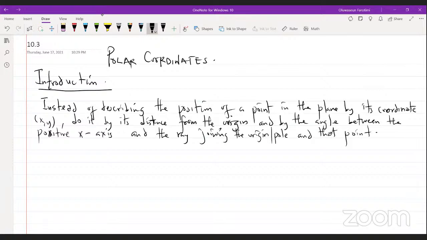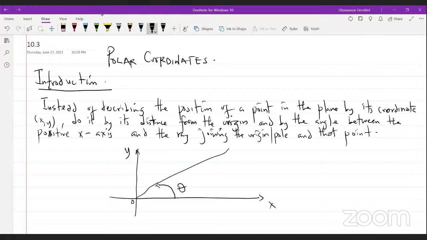Now, what does this mean, guys? Let me put a sketch right here. This is my x, this is my y. This is my origin or my pole, O. Now suppose that the point is obtained at an angle, let's say the angle is theta.